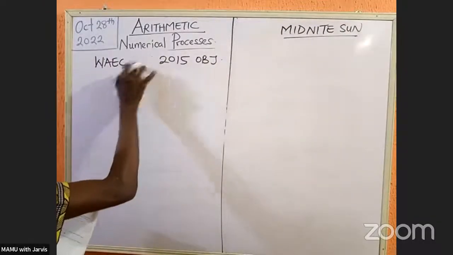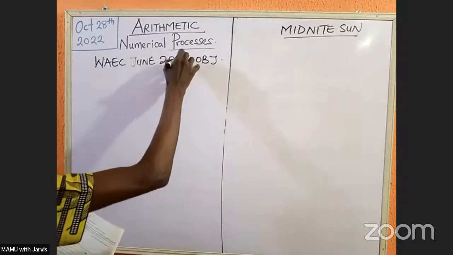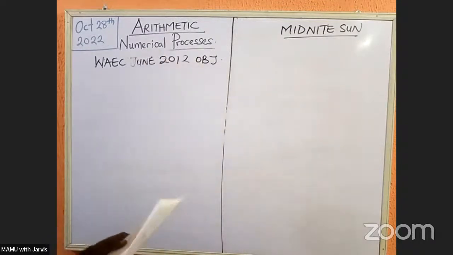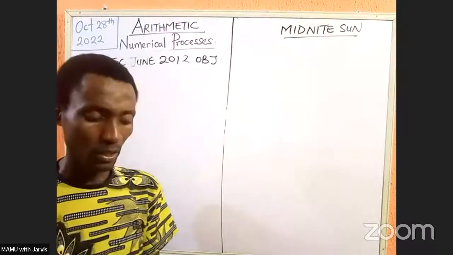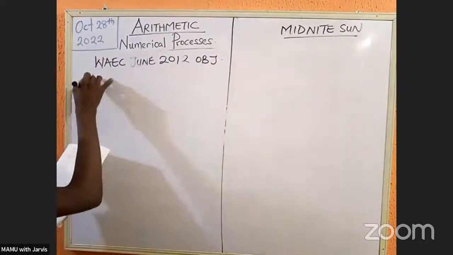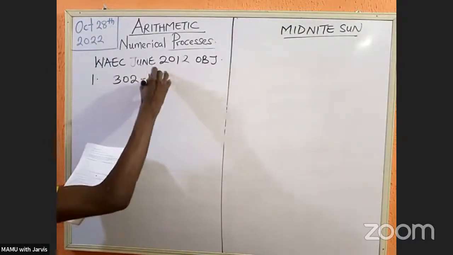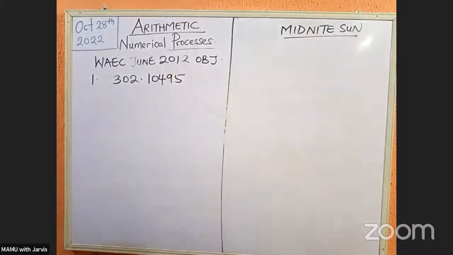So this will be June 2012. It says express 302.10495 to 5 significant figures. You're going to do this yourself. Number 1, 302.10495.